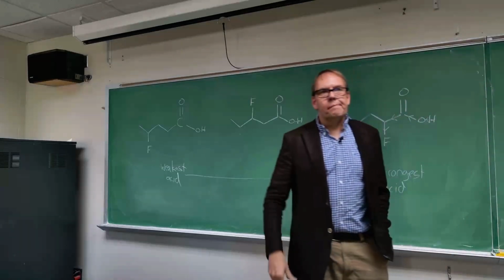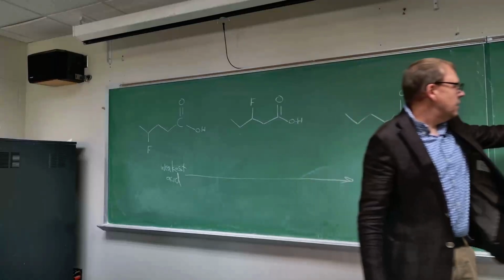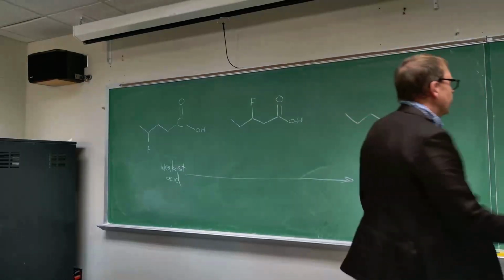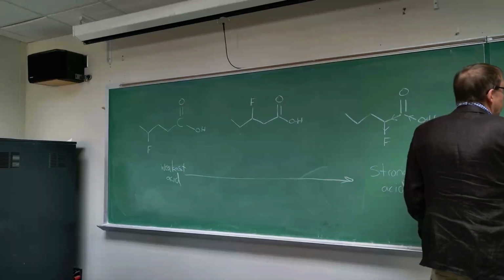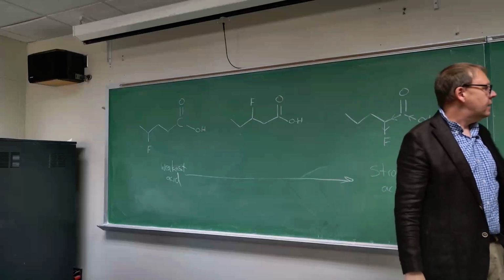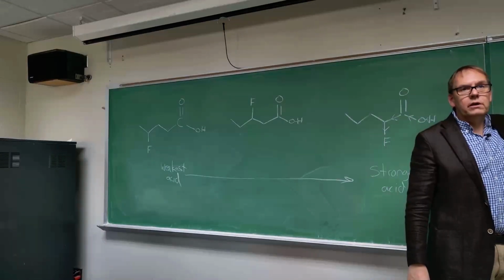This carboxylic acid has 3 methyl groups attached to the carbon that's attached to the carboxylic acid, and they have a very slight electron donating effect. So rather than pulling electron density away, they push a little bit of electron density in. That tends to make the partial positive on the hydrogen a little weaker, so it's a little less acidic as a result.